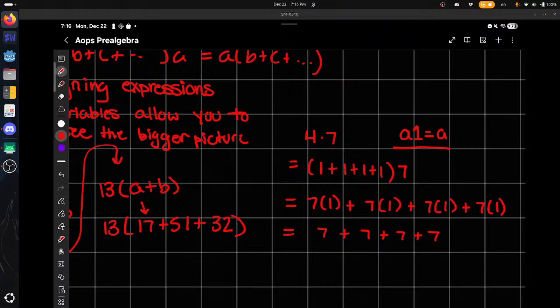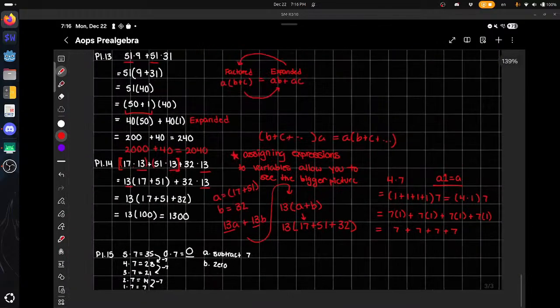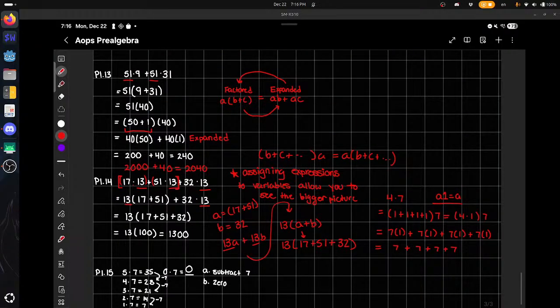Repeat the ones 4 times. So 4 times 1 times 7. Doesn't really make much sense. But this is another way. Like, these are equal. I got a little off tangent, but that's actually pretty exciting to know. Like, that's the reason why we say multiplication is repeated addition.